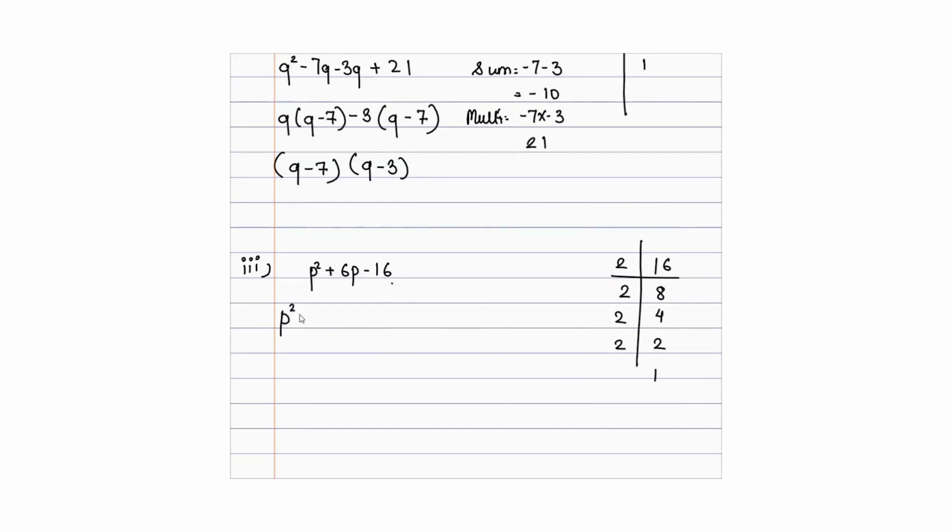Right, so this can be written as, okay, what can be the sum? Sum is 8 minus 2. Multiplication is 8 into minus 2. So p square plus 8p minus 2p, that is 6p, minus 16 will remain as it is.